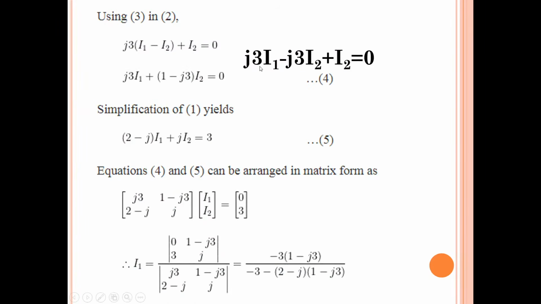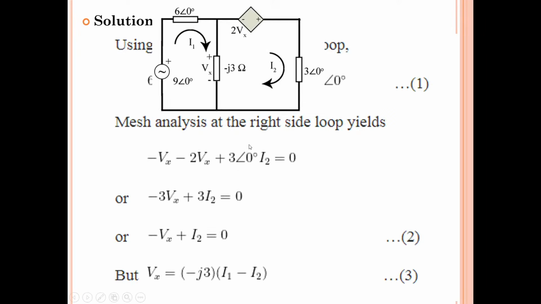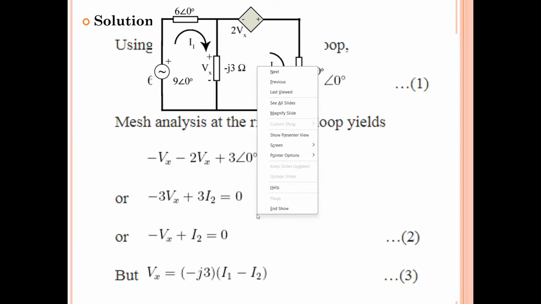I have skipped this equation, I have simply expanded it, and after that you can see here J3 I1 and here it is minus J3 I2 plus I2. You can take I2 common, you will get 1 minus J3 into I2 equal to 0. Now equation 1 we didn't simplify, we just kept it as it is. From this I will just remove this figure.